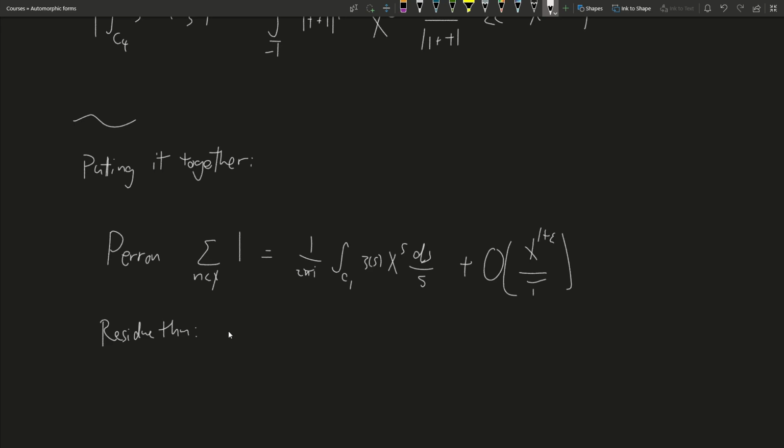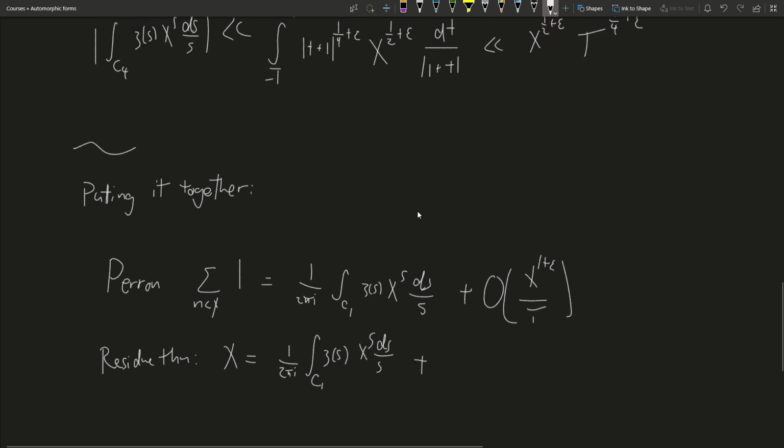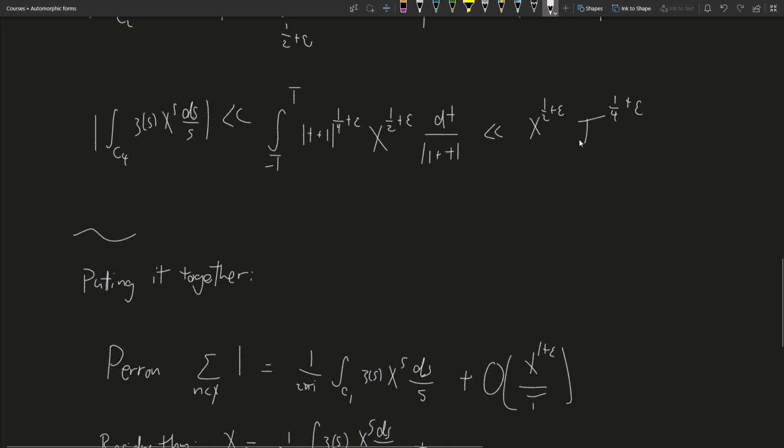So x is 1 over 2 pi i, the integral along C1 of zeta of s, x to the s ds over s, and then we have C2, C3, and C4, and we've bounded these up here.